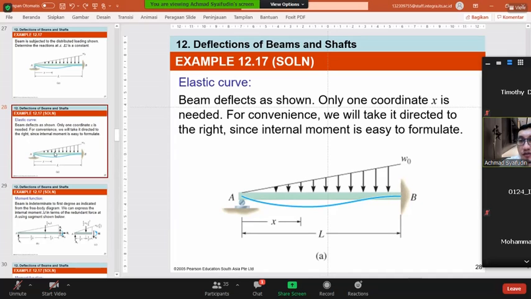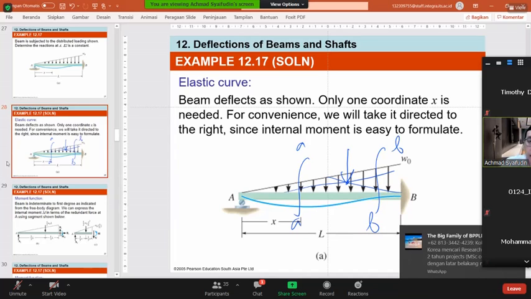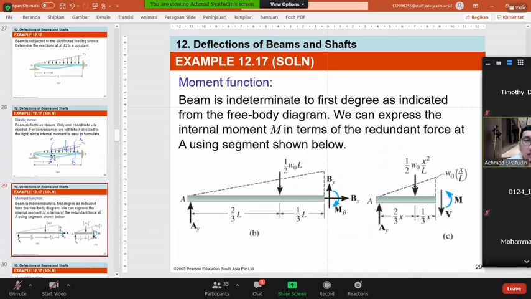The distributed load we have to change to a concentrated load. Then we have to apply two sections, AA and BB. As you see here, we have two sections.